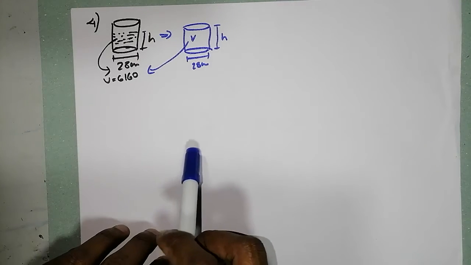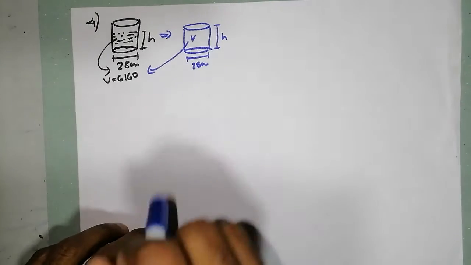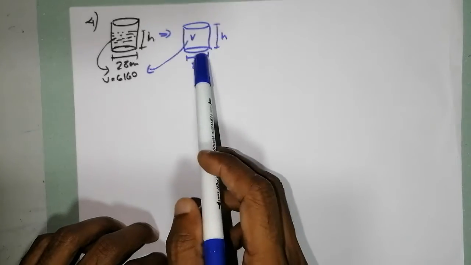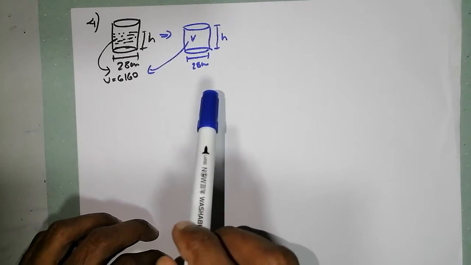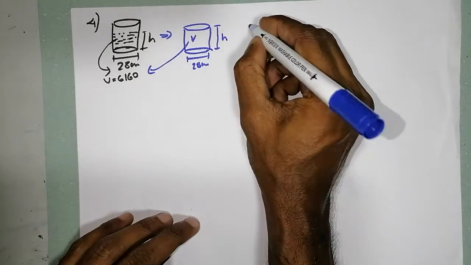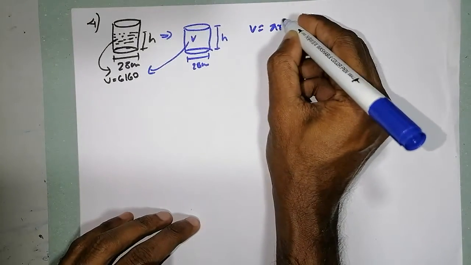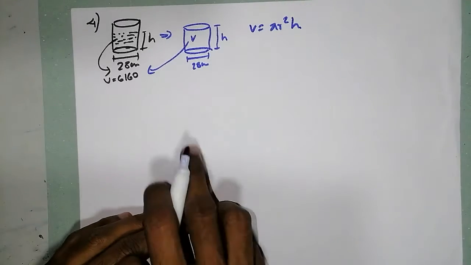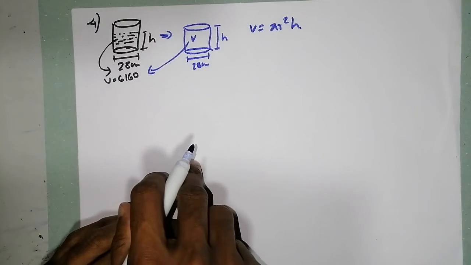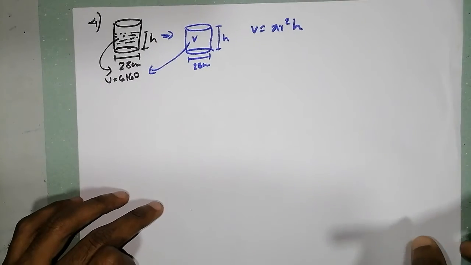So we can find the volume of this water. We can use the equation V equal pi r squared h, because the shape of the water is like a cylinder.